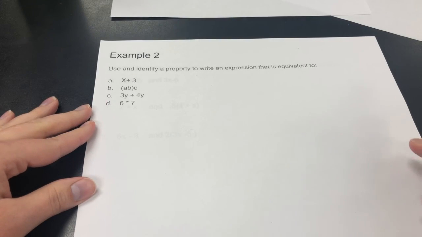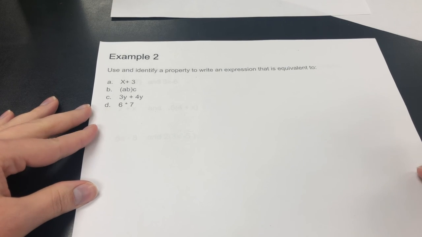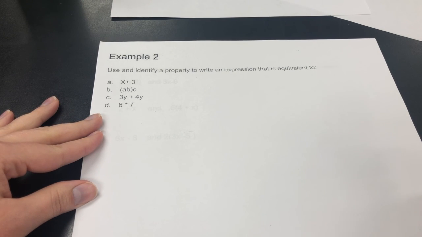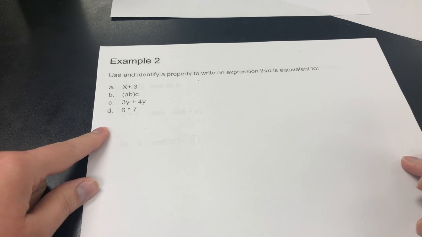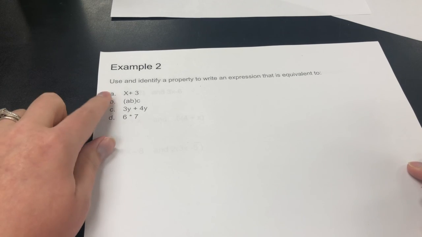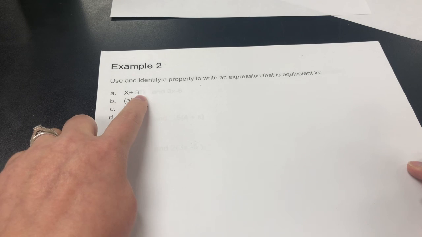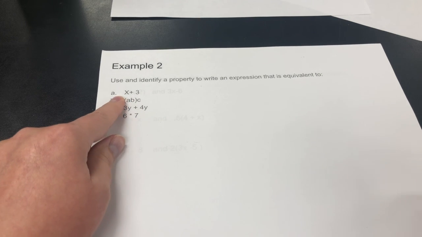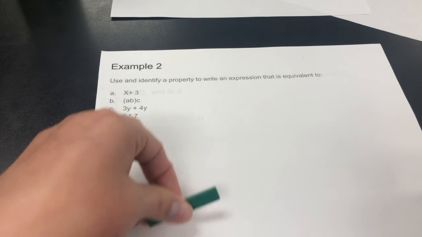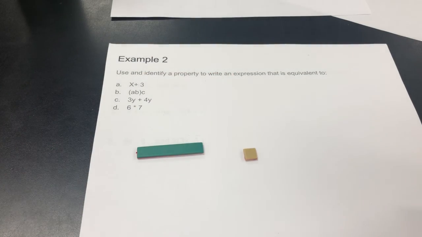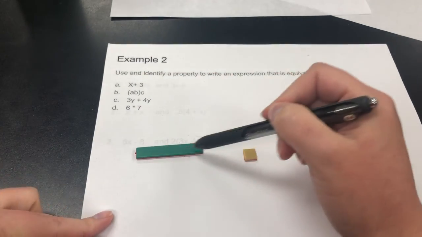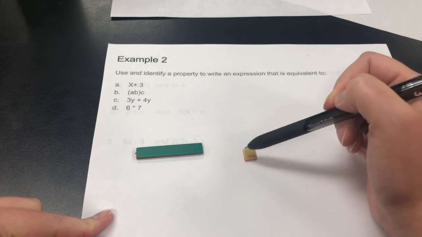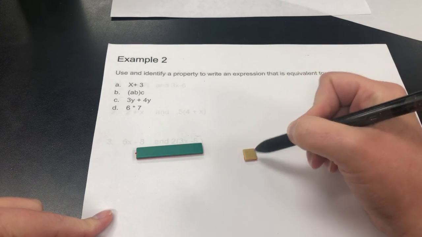Look at example 2. Use and identify a property to write an expression that is equivalent to these expressions. Okay, looking at A, all we have is x plus 3. So let's just model this for funsies. And remember, people at home, if the modeling helps you, you can draw these long things and put a little plus sign, little square.